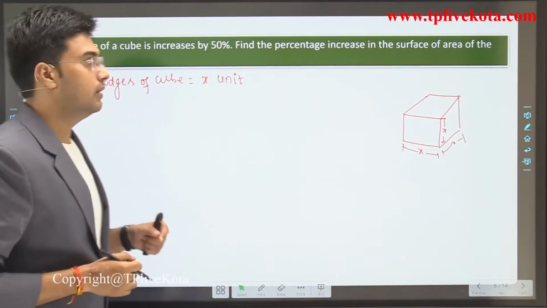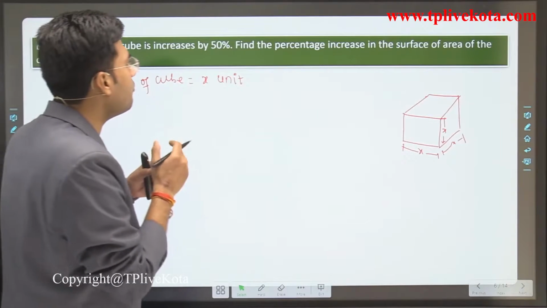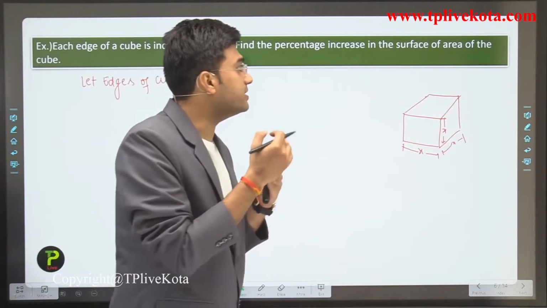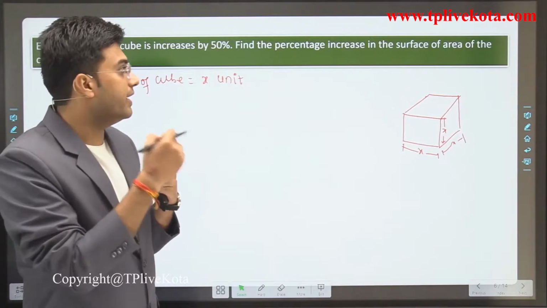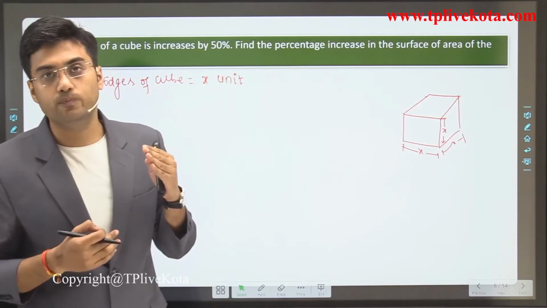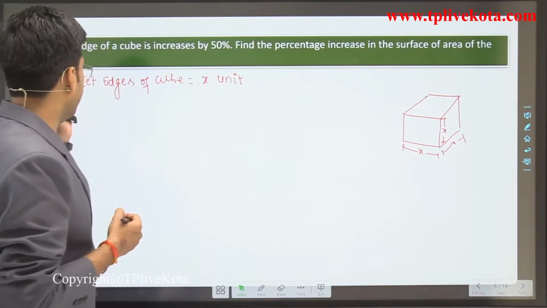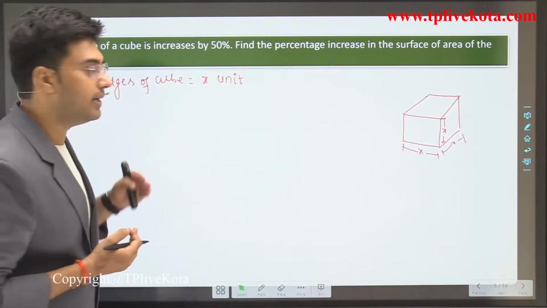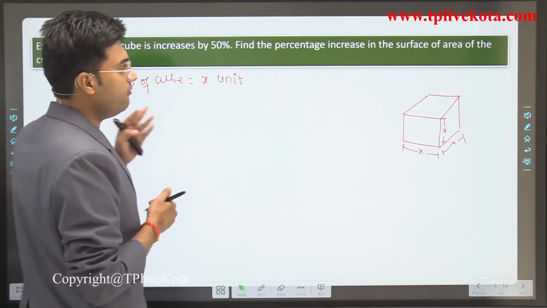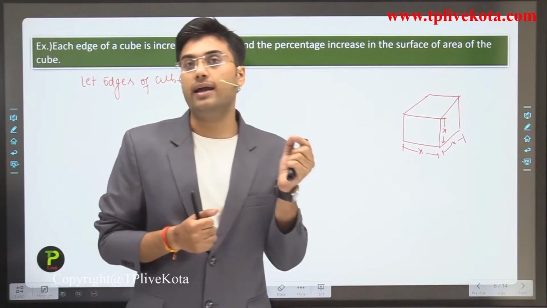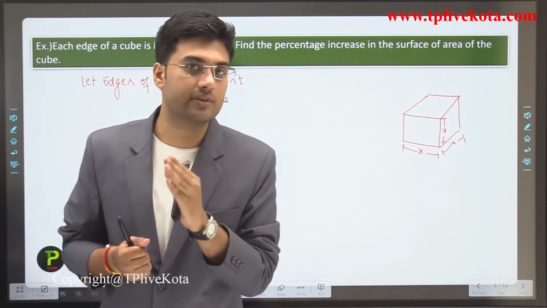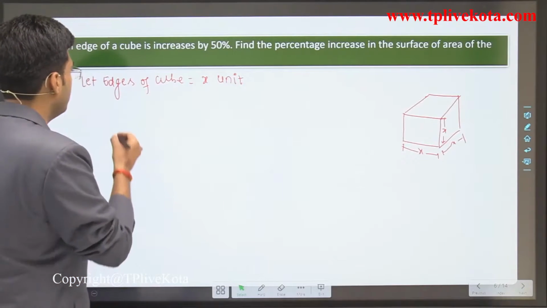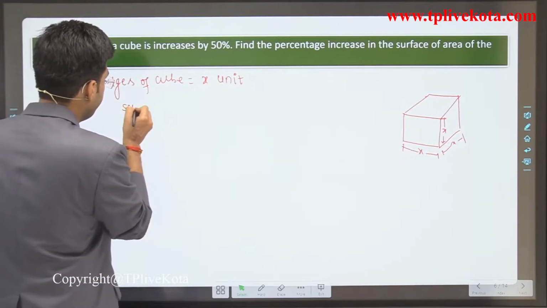Clear? Now we have to find the percentage increase in the surface area of the cube. So if edges of cube is x unit, then the surface area, we have to find the total surface area here. Clear?